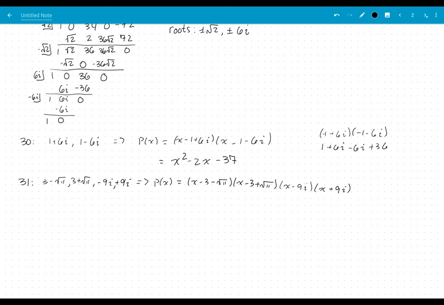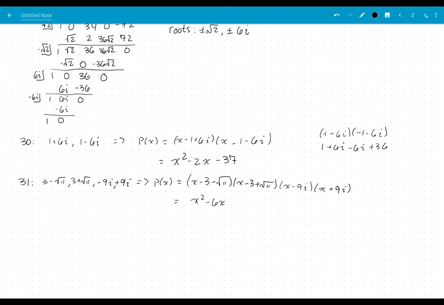And now we just have to do our multiplication, and we get x to the 4th. Let's multiply just one at a time. So we have x squared minus 6x, because we have the minus 3 for both. Minus the square root of 11.